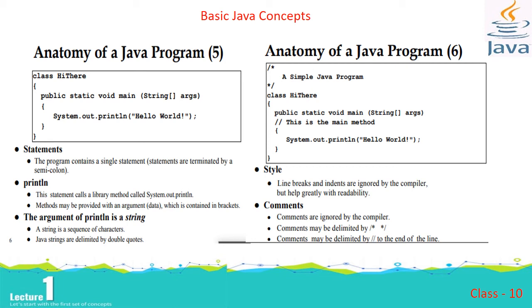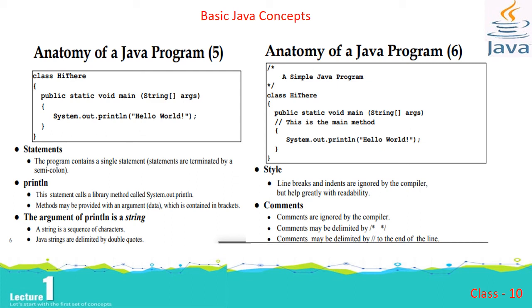There are situations where we have to give comments in our program. Comments are non-executable statements, just for reference. There are two types of comments: a multiple line comment and a single line comment. The first is the multiple line comment. We start with a slash and a star, then a set of lines, then a star and a slash. Whatever set of lines we write in between will be treated as a comment.